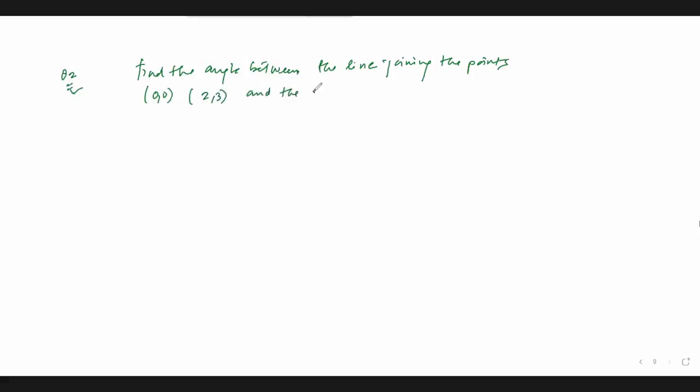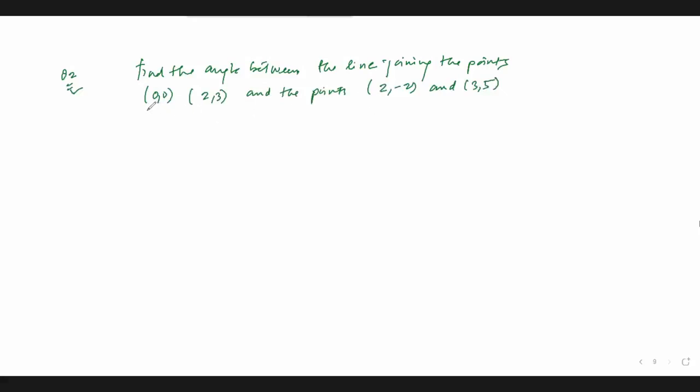Example number 2. Find the angle between the line joining the points (0, 0), (2, 3) and the line joining the points (2, minus 2) and (3, 5).